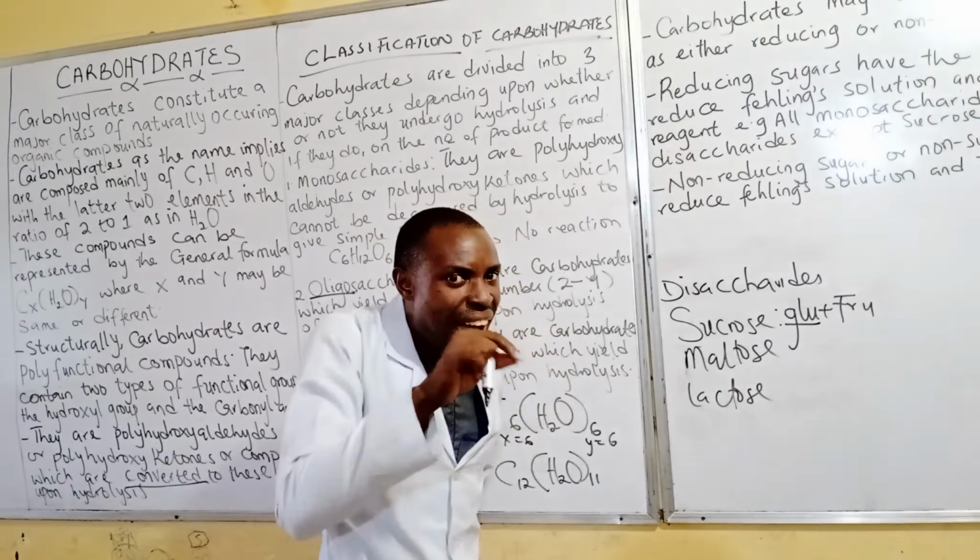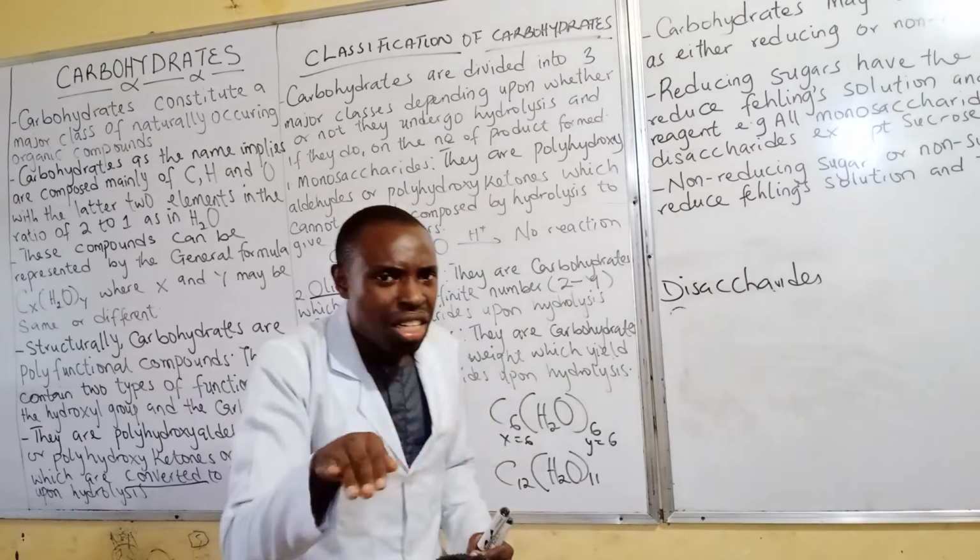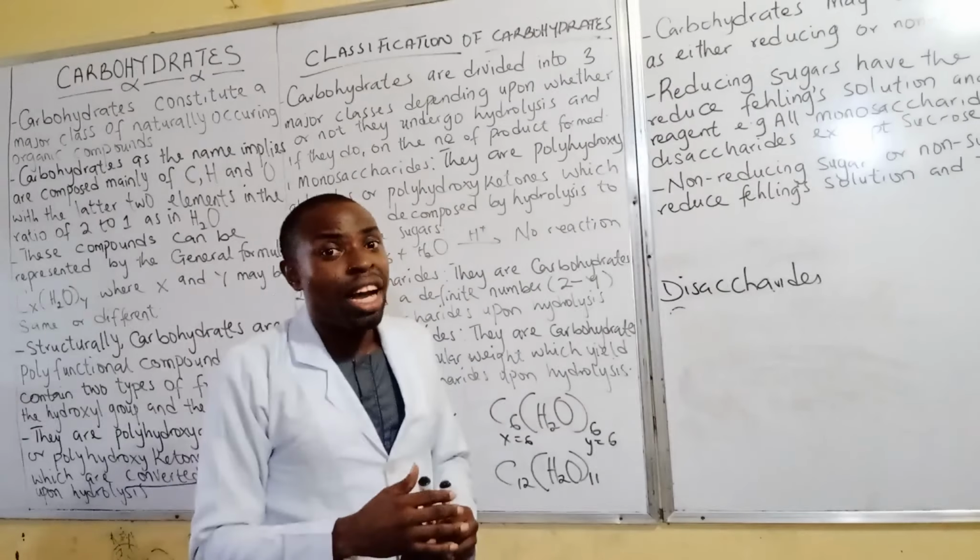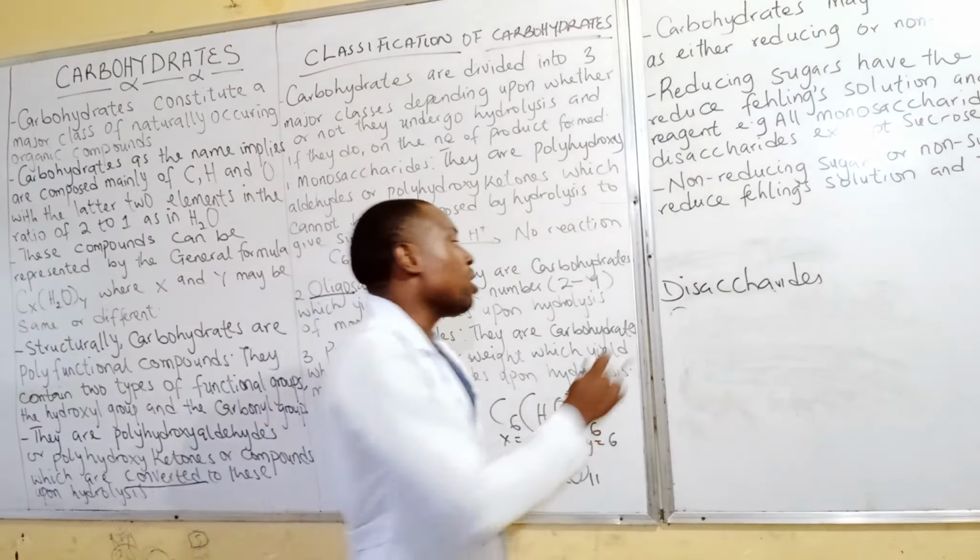Then we move to the trisaccharides, which upon hydrolysis yield their various monosaccharide units. A very good example is raffinose, and we have stachyose. Raffinose is a trisaccharide, while stachyose is a tetrasaccharide.